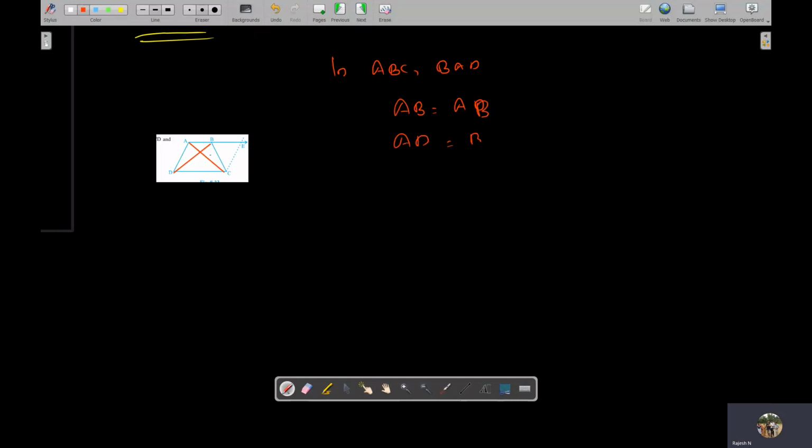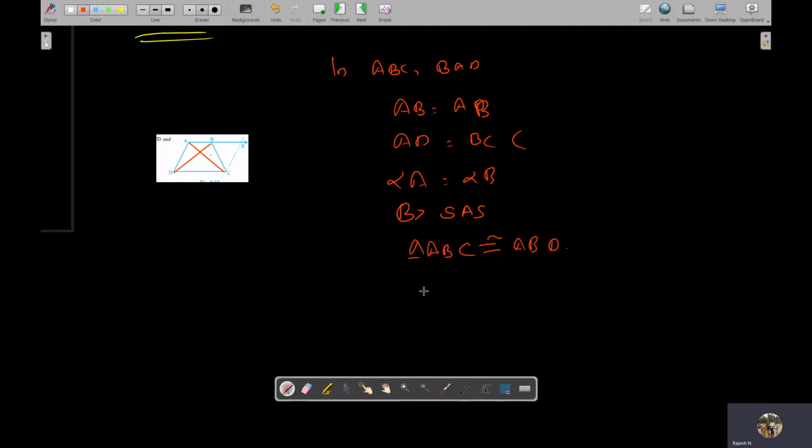AD is equal to BC, given. Angle A is equal to angle B. Therefore, by the SAS congruence rule, triangle ABC is congruent to triangle BAD.